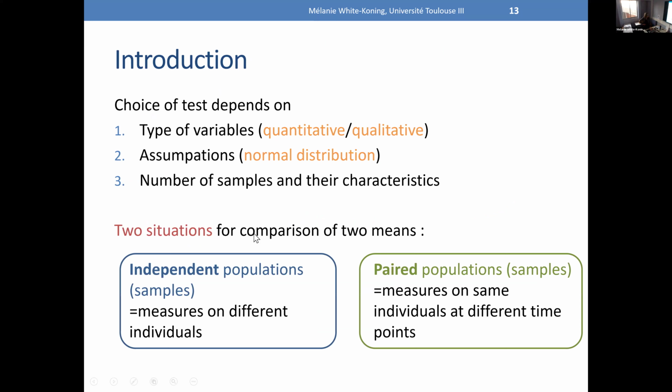If we have two samples, two means, then there are two possible situations. Either the samples and the populations are independent, or they are paired, okay? So what does it mean, independent and paired? Independent means the measures were made on different individuals, and paired means we're doing measures on the same individuals at different time points.